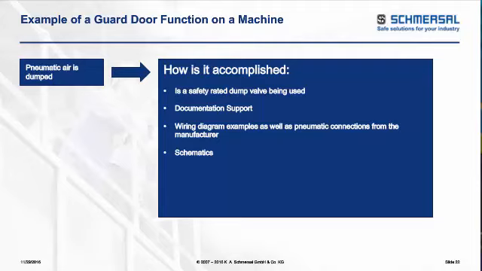Well, if the air is just as hazardous, where it can cause an amputation hazard, we should be looking at a control category 3 solution for that. Several pneumatic manufacturers have come up with safety-rated 3-2 pneumatic dump valves, as an example. They have safety approvals, control category 3, control category 4, performance level D or E approved, that you can use in a proper safety circuit.